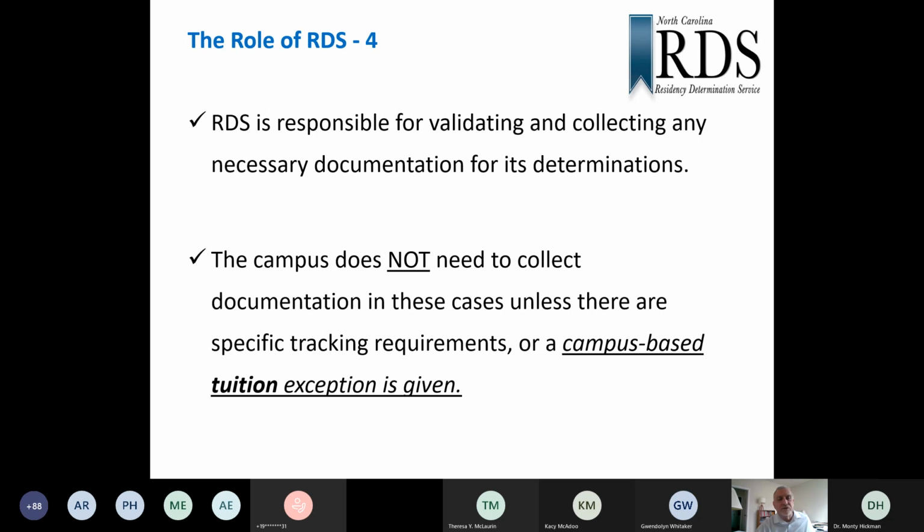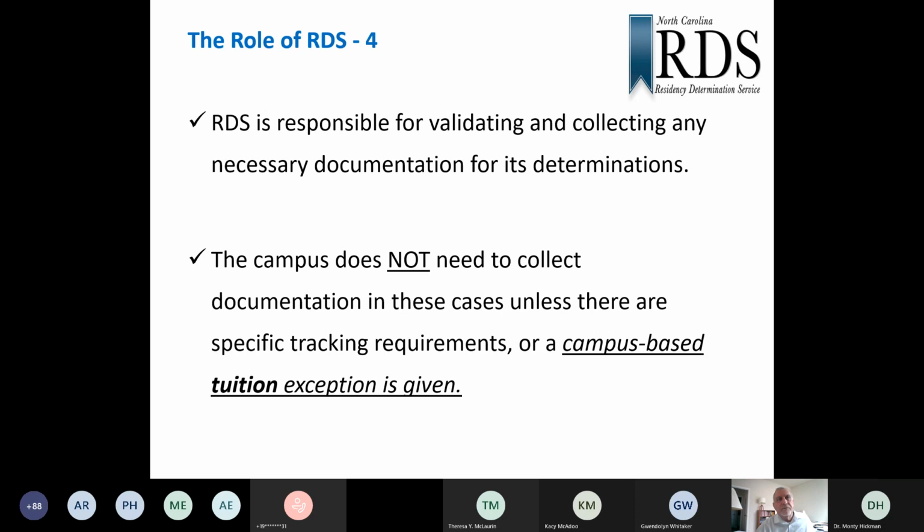So I guess you could choose to collect a lot of the information RDS does, but that was part of it. And by the way, with RDS, for the most part, things are done electronically as much as possible. We have gradually through the years eliminated requesting documents from most students. If they go to an appeal and have special circumstances or think the databases are wrong, we'll certainly take a document.